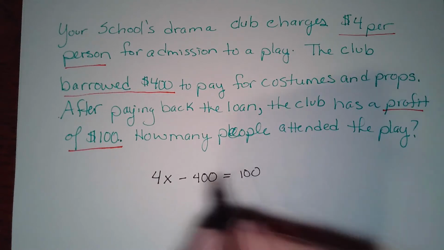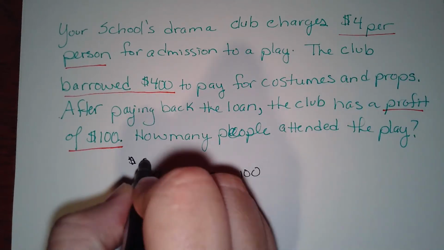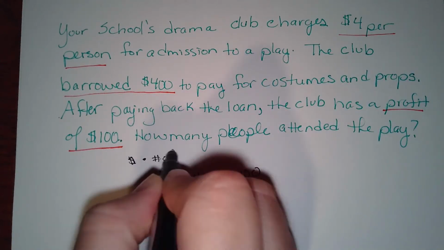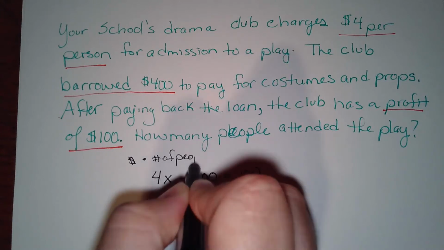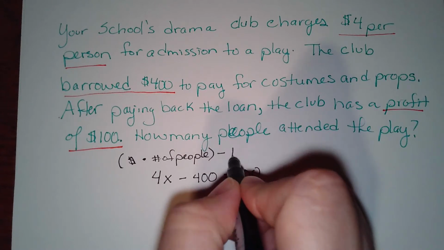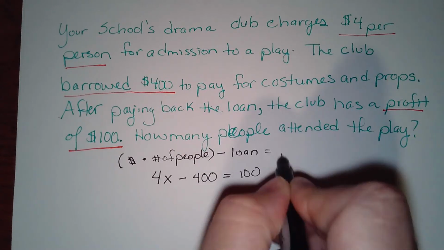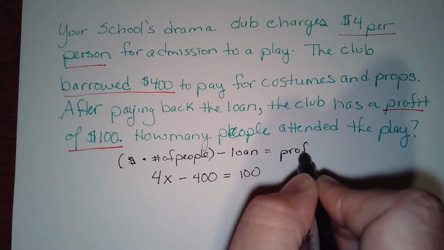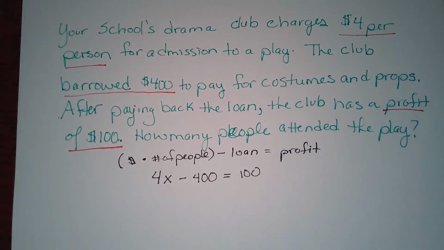So if we put this in words, money times number of people minus loan equals profit.